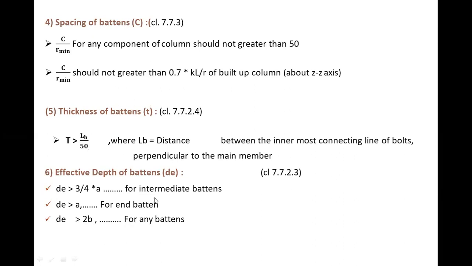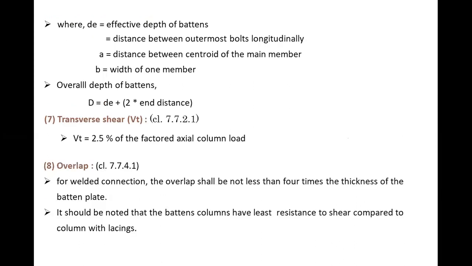For intermediate battens, DE should be greater than 3/4 times a. For end battens, DE should be greater than a, and for any batten DE should be greater than 2b, where DE is the effective depth of battens, the distance between the outermost bolts longitudinally, in which a is the distance between centroids of the main members and b is the width of one member.